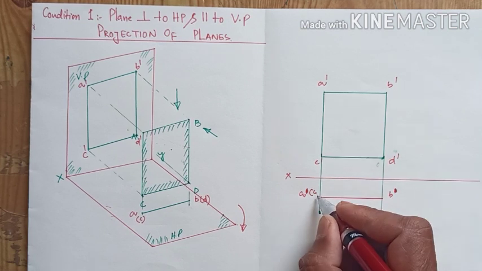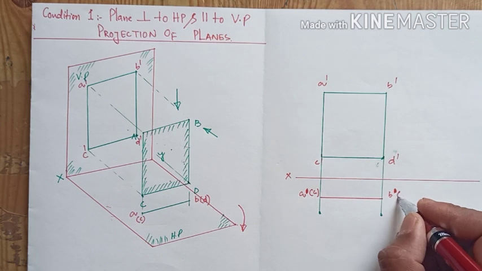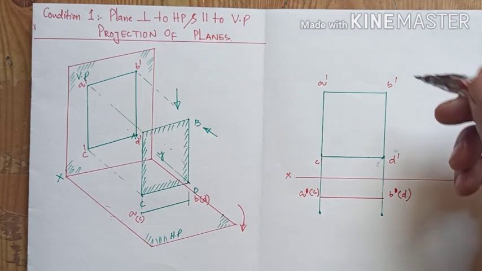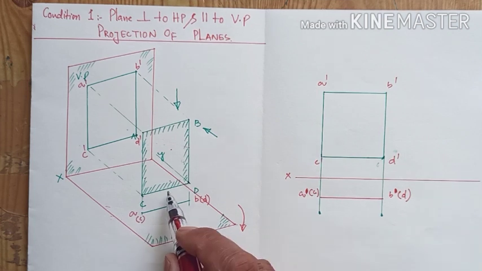This is A and this is C, and this is B and this is D. So that is its orthographic projection in the first condition.